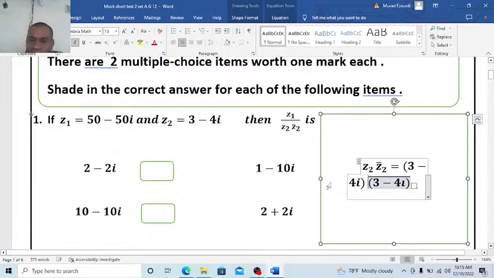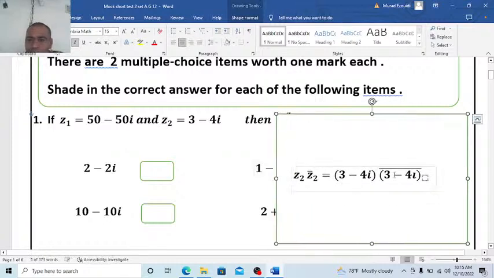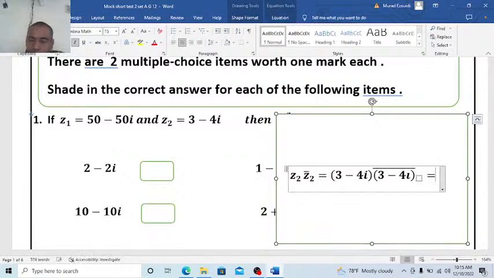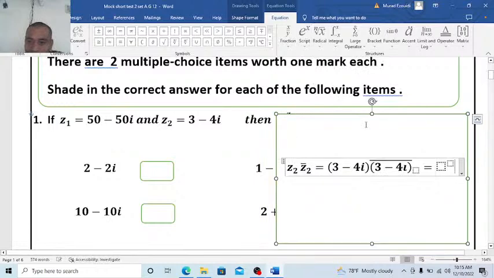Now you can see that the product of the complex number is equal to 3 squared, which is 9, but I should write this here to let you understand.